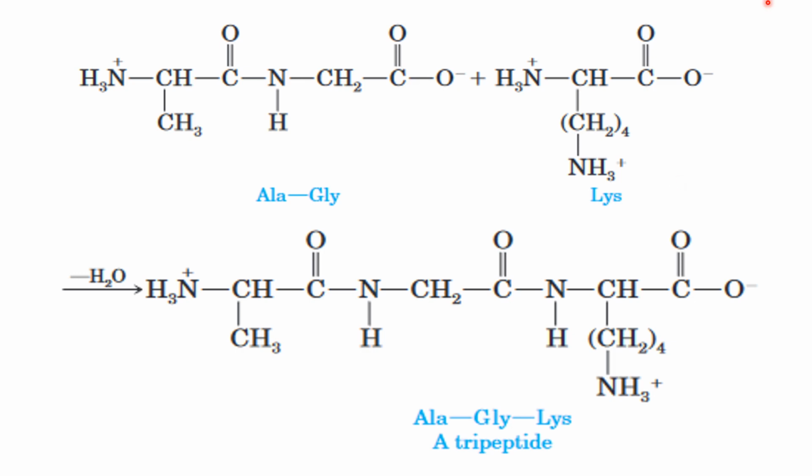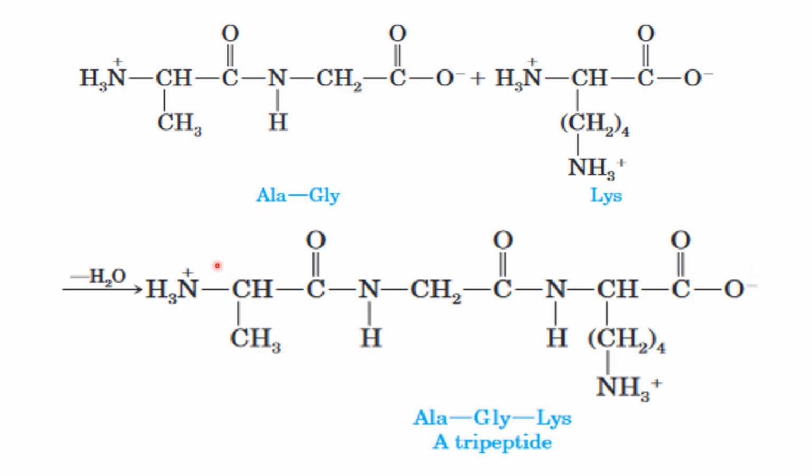Because it also contains a carboxyl end and an amino end, we can continue the process to get a tetrapeptide, pentapeptide, etc., until we have a chain containing hundreds or even thousands of amino acids. These chains of amino acids are the proteins that serve so many important functions in living organisms.